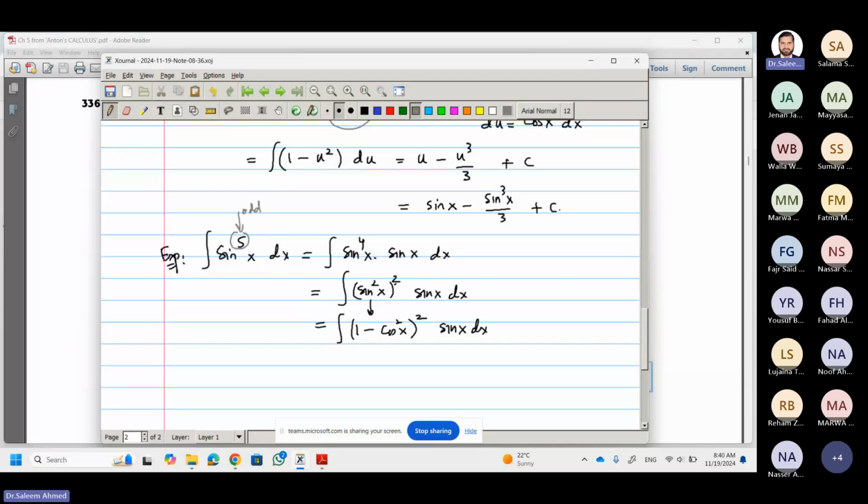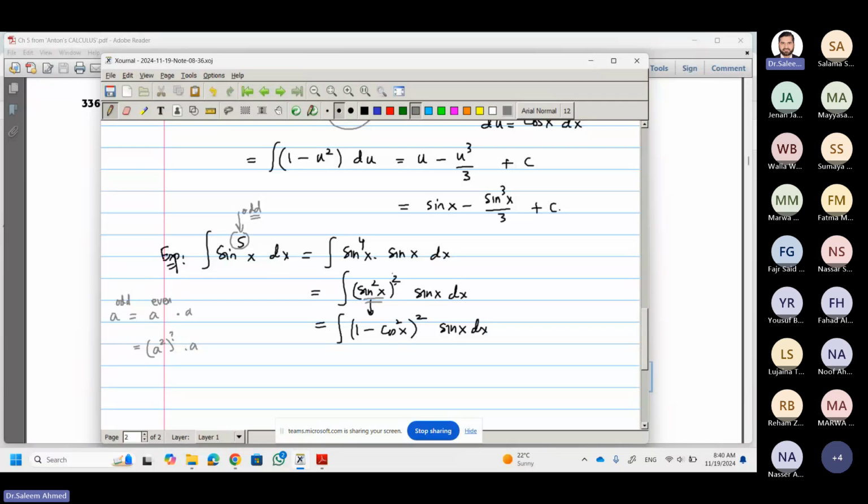Because when I split an odd power, if A has an odd power and I split off one A, the remaining power will become even. And an even power can always be written as a power of a square, because I need sine square or cos square here, so that I can write it as 1 minus sine square or 1 minus cos square.